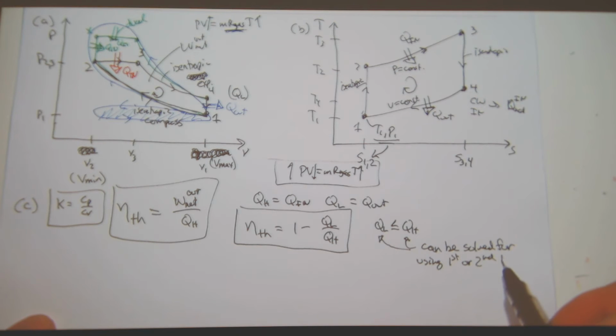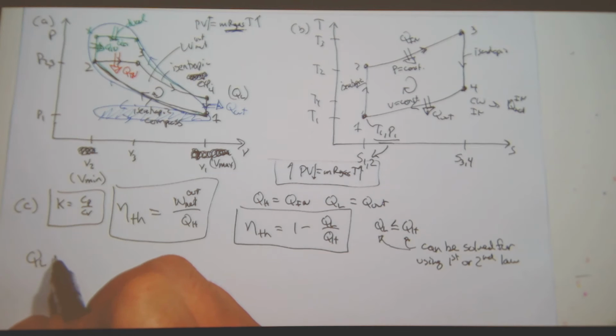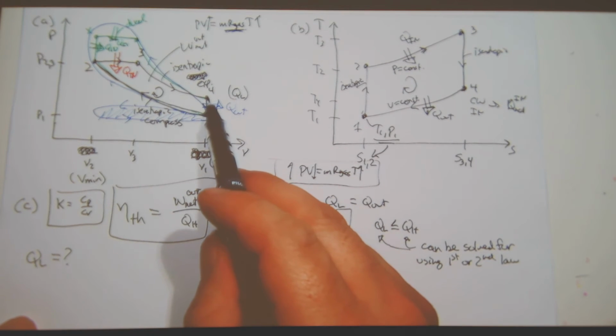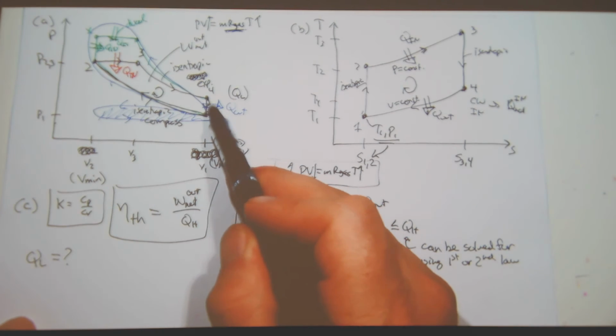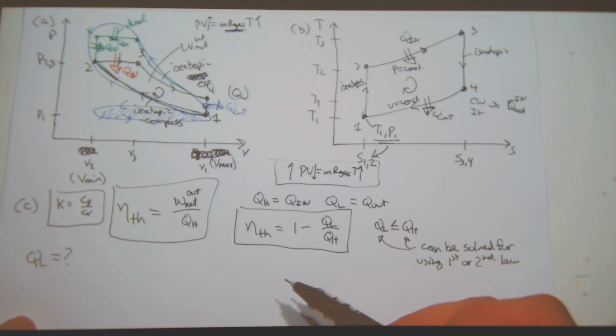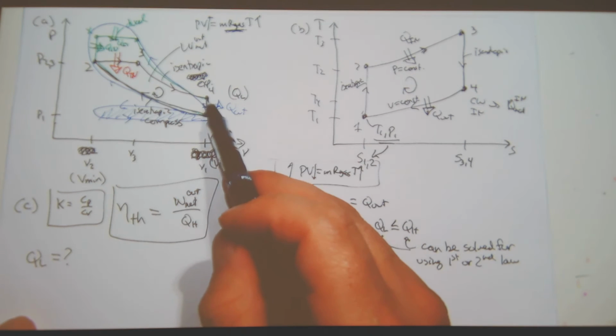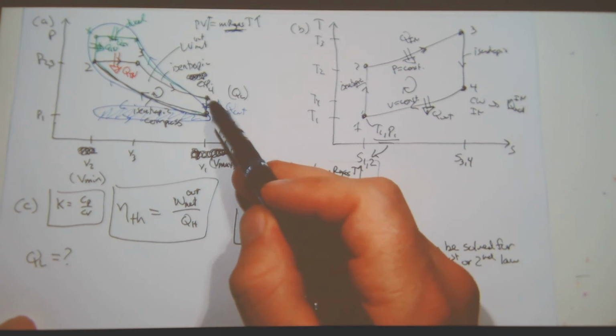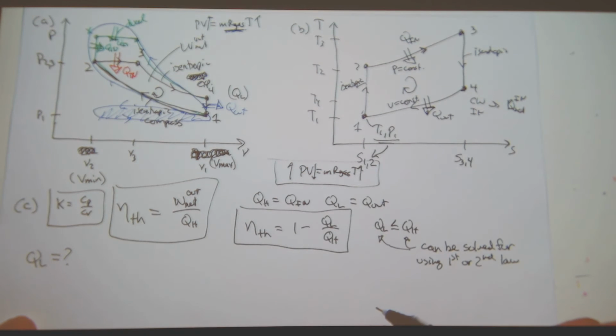Let's start with QL. QL is the heat rejected from 4 to 1. So I can do an entropy balance between state 4 and state 1, or I can do an energy balance between state 4 and state 1.